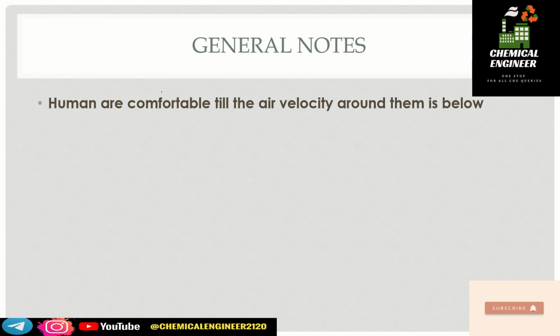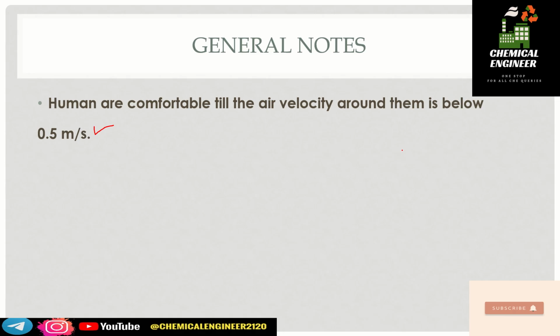Humans are comfortable till the air velocity around them is below 0.5 meter per second. Okay, so if the fan is delivering a velocity of 0.5 meter per second, human bodies are comfortable up to that. If the fan speed is high, then the human body feels discomfort.